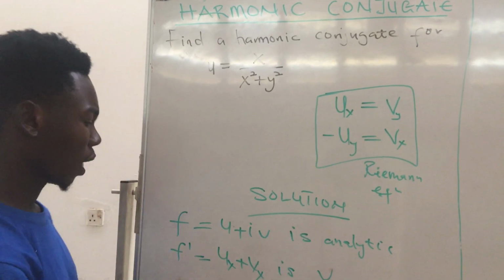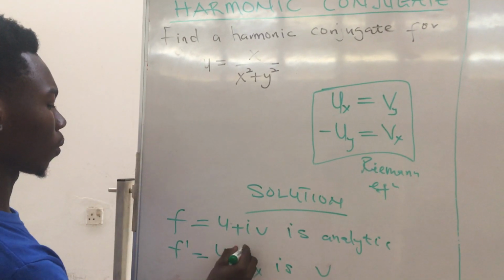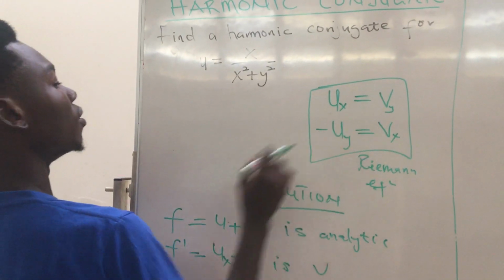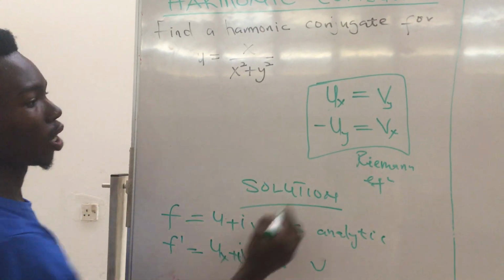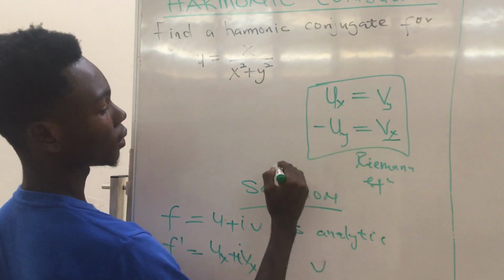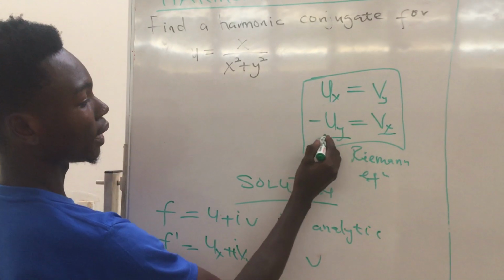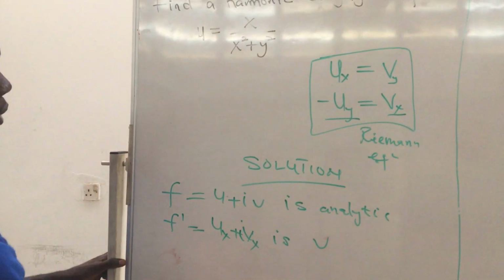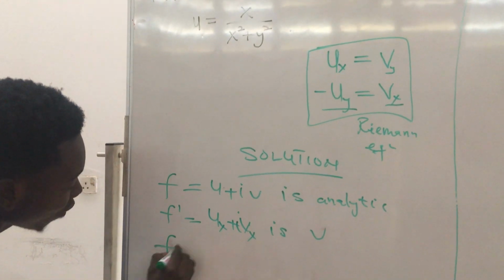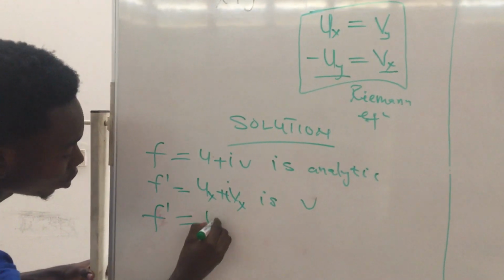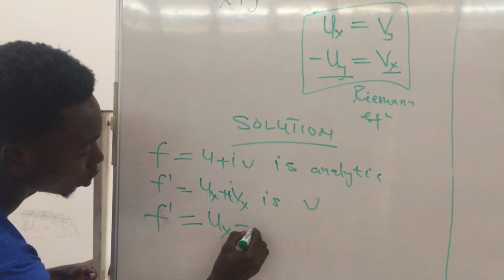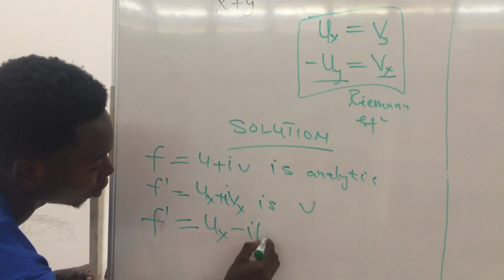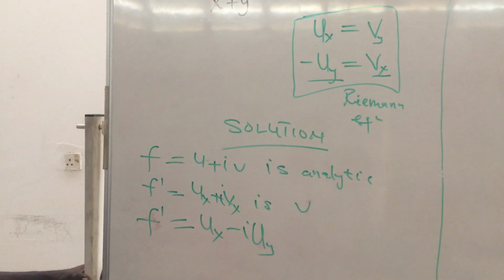Are you okay? But we know from Riemann's equation that v x is the same as negative u y. Are you okay? That means our f prime of x is the same as u x minus i u y. Are you okay?